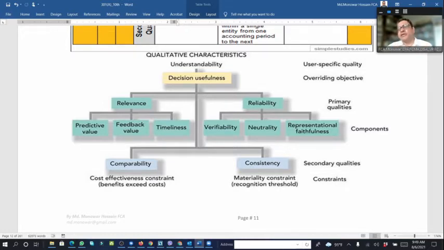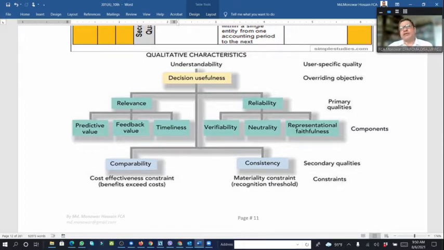That is the primary quality, and it has components of predictive value, feedback value, timeliness, verifiability, neutrality, and representational faithfulness, which should be within the financial data.